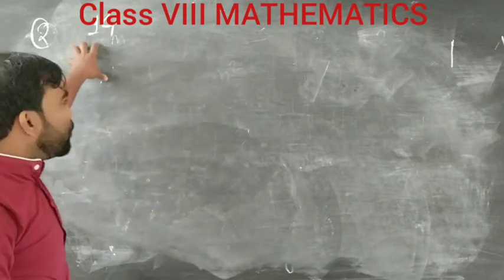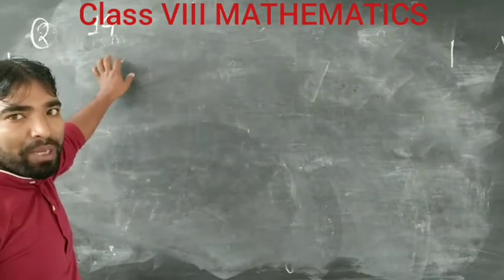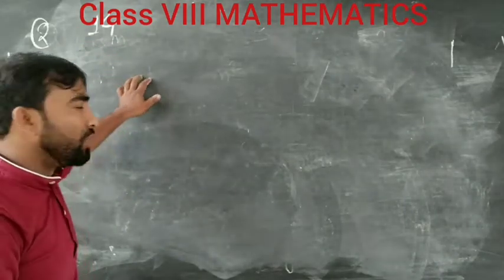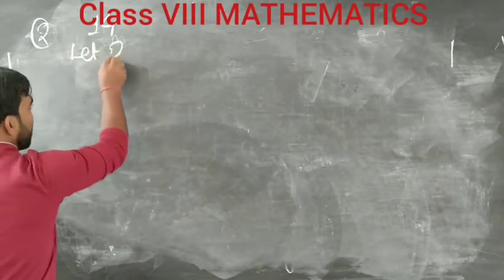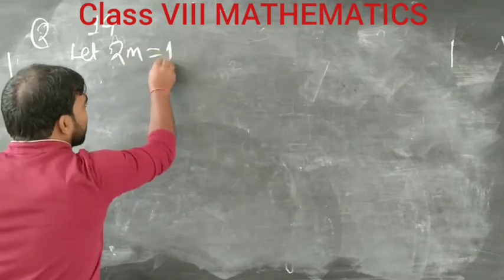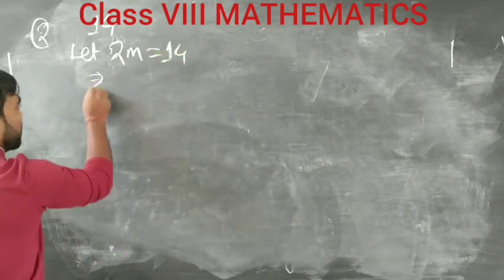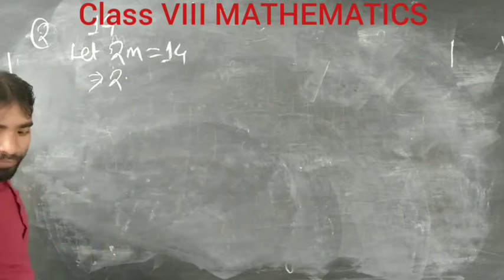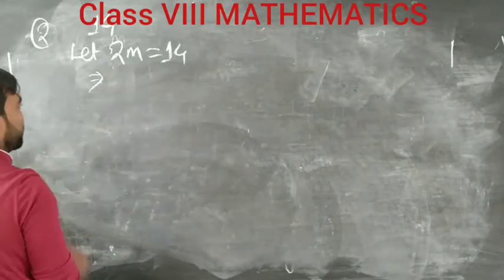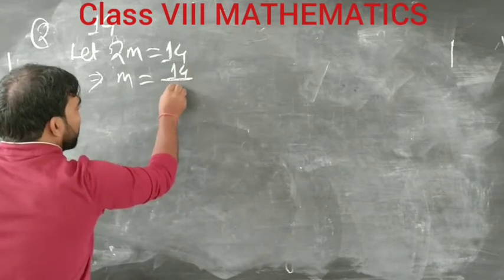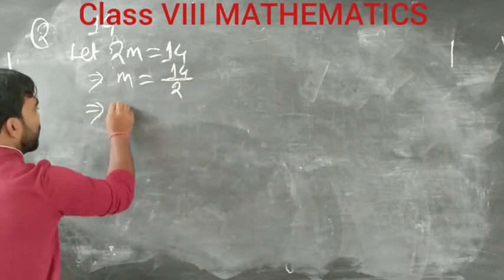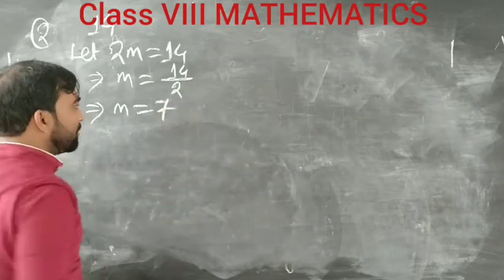Now we don't know whether 2m equals 14 or m square plus 1 equals 14 or m square minus 1 equals 14. Let 2m equal 14. Then m equals 14 by 2, that is m equals 7.